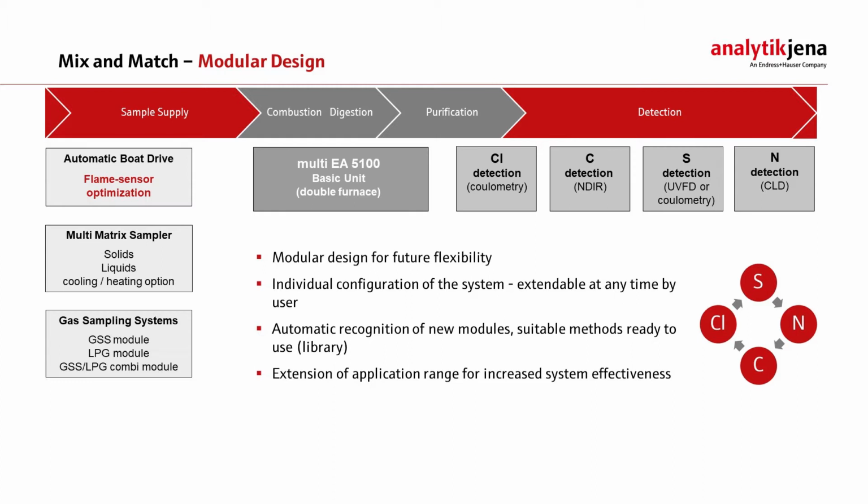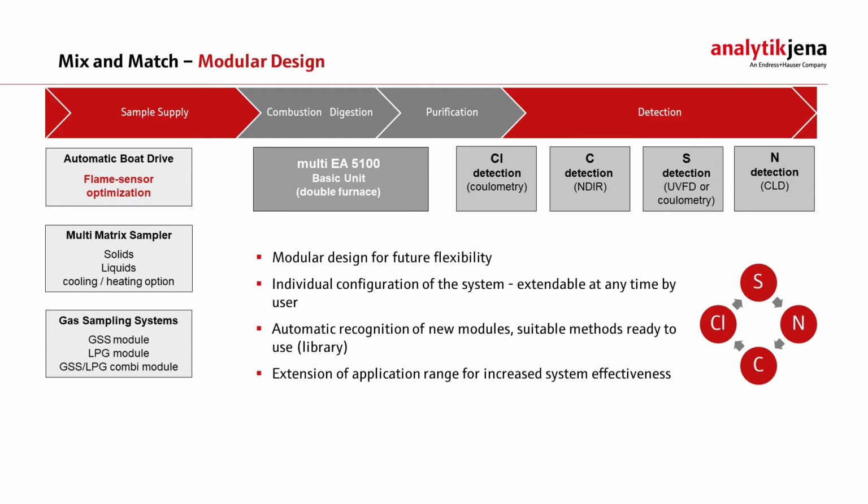The MMS multi-matrix sampler can be used for solids as well as liquids in both horizontal and vertical combustion modes. For very volatile or very viscous liquids, it is also available with the cooling and heating option. In the horizontal combustion mode, the MMS is combined with the ABD, automatic boat drive, with its unique flame sensor.